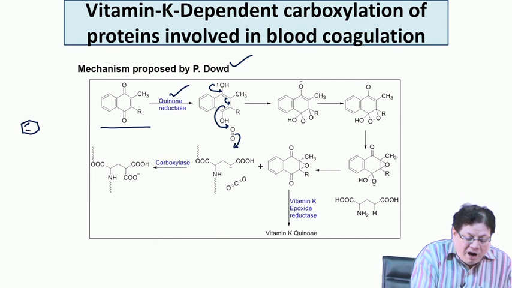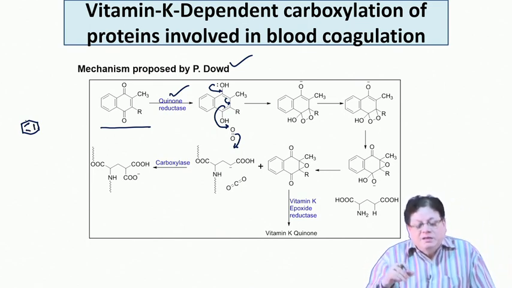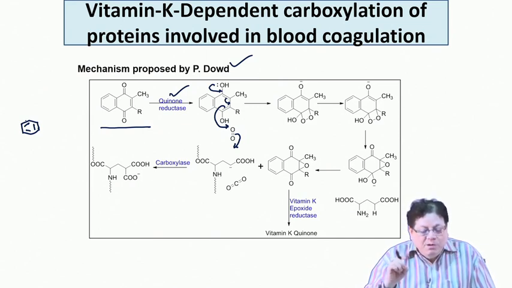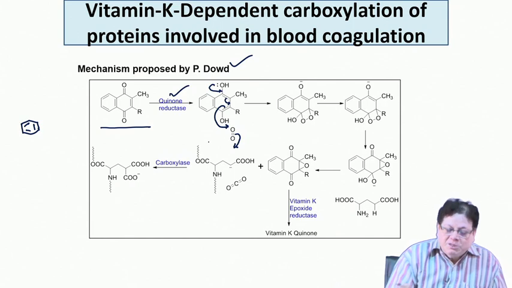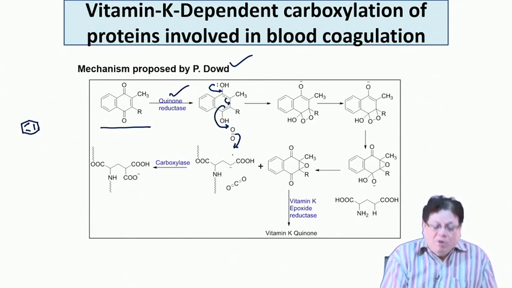In the earlier mechanism, before the 1980s, another mechanism was proposed, but that did not involve oxygen. Everybody thought that oxygen does not play any part here, but later on it was found that oxygen is required for this carboxylation, and Paul Dowd did experiments to show the involvement of oxygen.